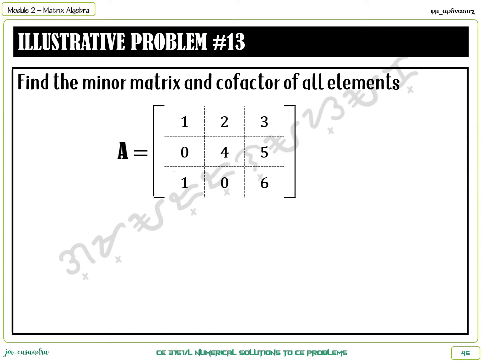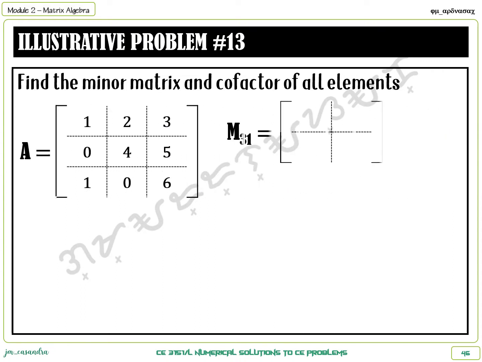Okay, for our next element, we have the cofactor and the minor matrix of 3, 1. So we'll have 2, 3, 4, 5.